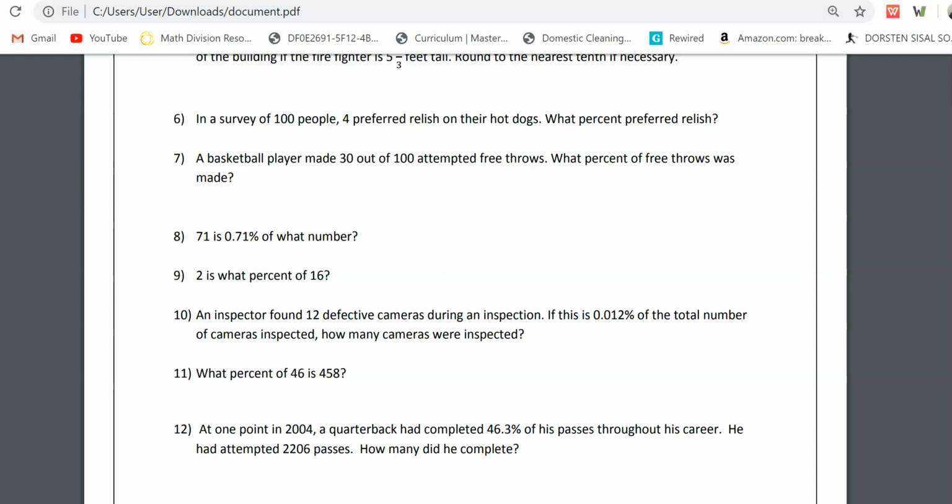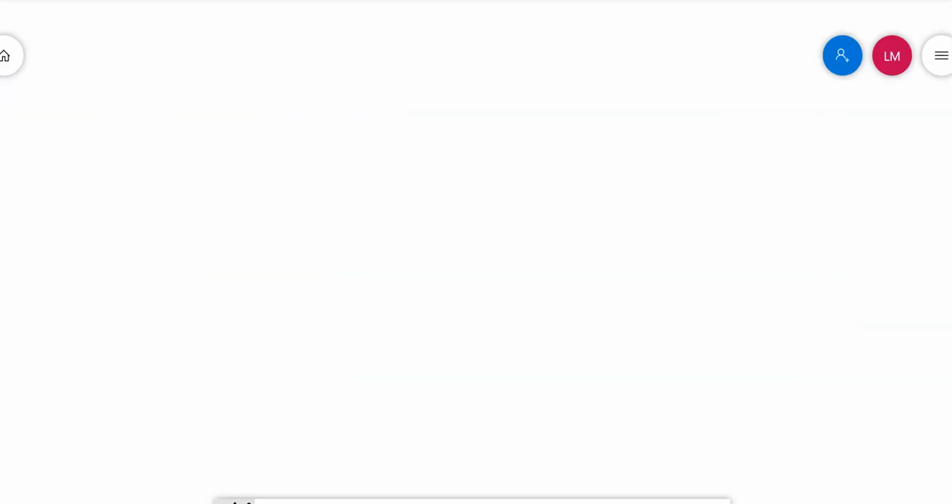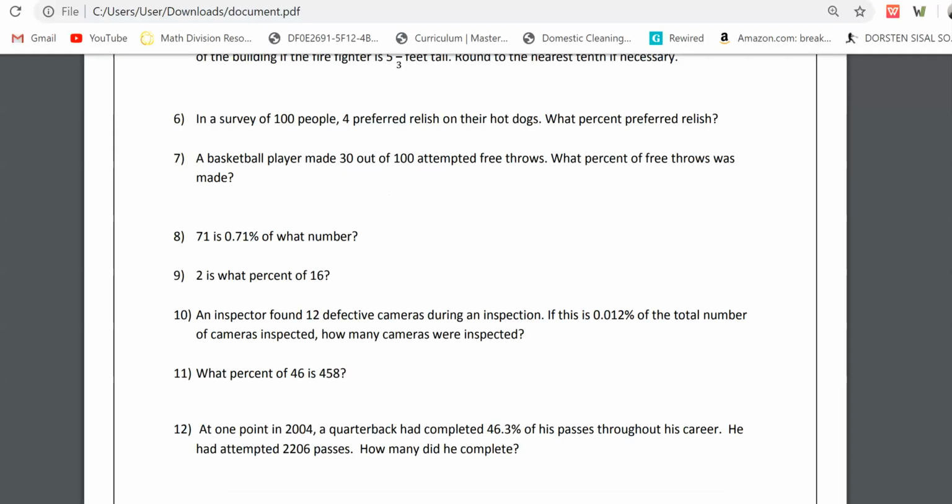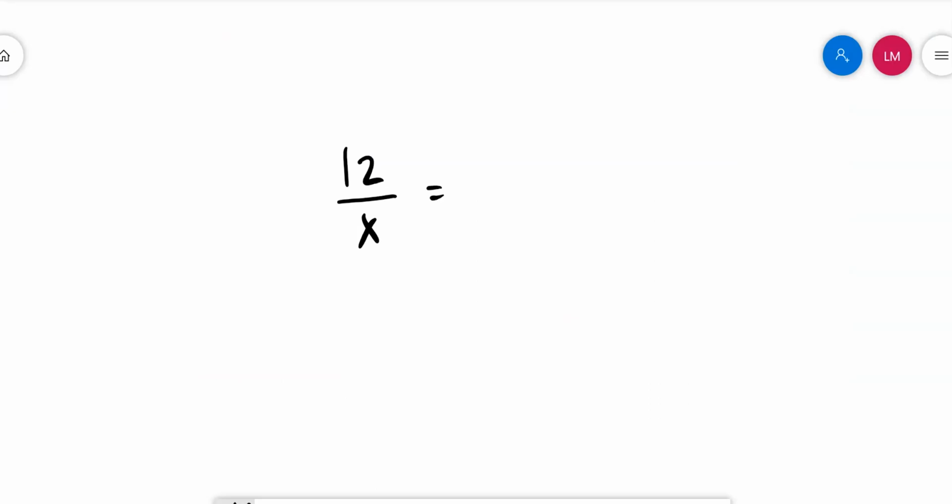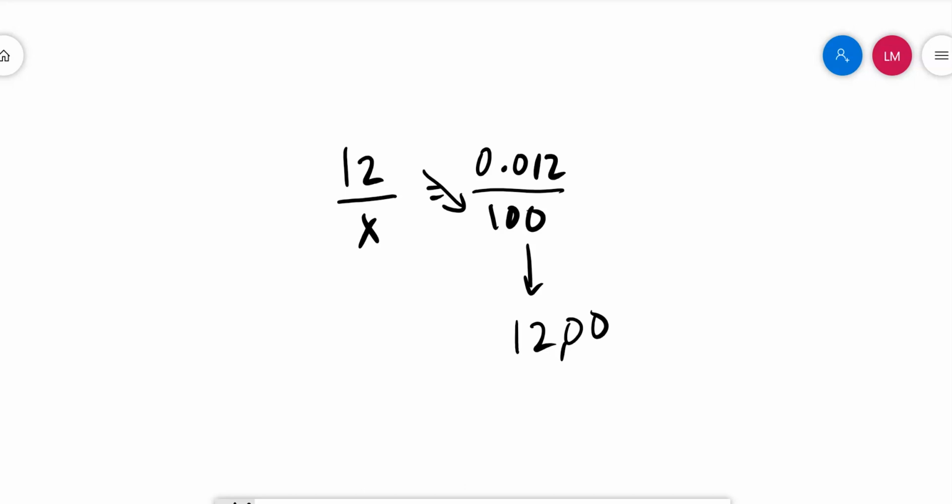So let's do the is over of for this one. I'm going to say 12 is my is. I don't know the of. And the percent was 0.012 over 100. Okay, so we're going to cross multiply. Whoops, add 2 zeros. Sorry, I messed that up. Let's change that up.